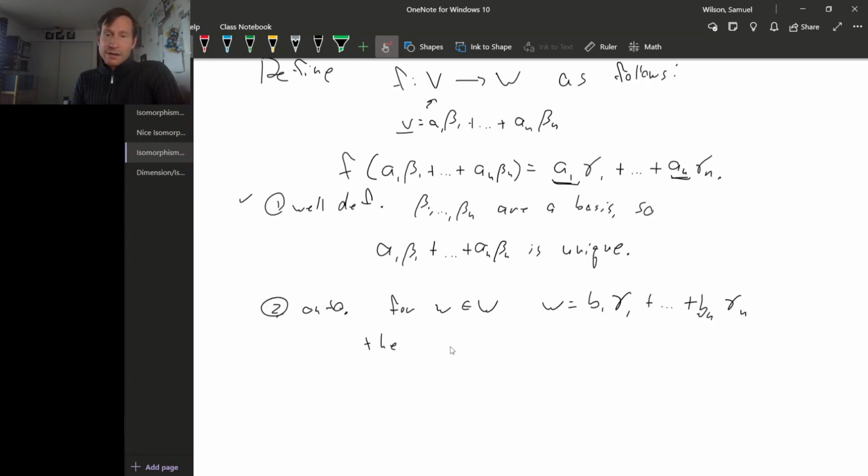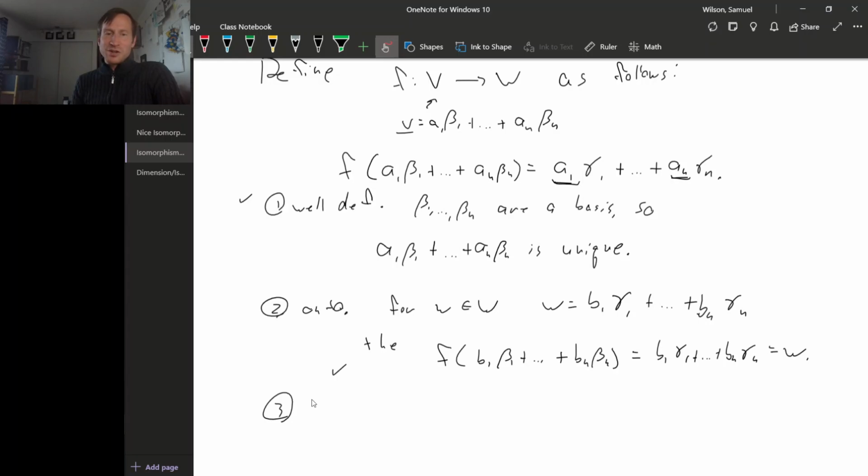Then to find a vector in V that f sends to w, that's just going to be b1 beta 1 plus dot dot dot plus bn beta n. f is going to send this to b1 gamma 1 plus dot dot dot plus bn gamma n, and that's w. And so this function is onto.